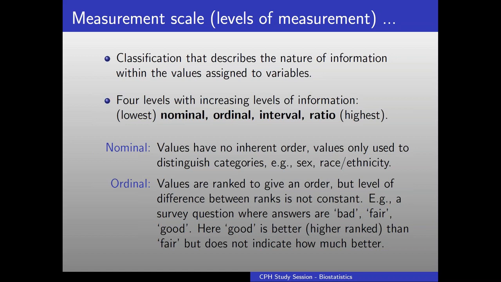We're going to talk about 4 levels in increasing order of information, from the lowest nominal to ordinal to interval to ratio. Keep in mind, these are just names given to measurement scales. I'll explain a little bit about that in a moment.